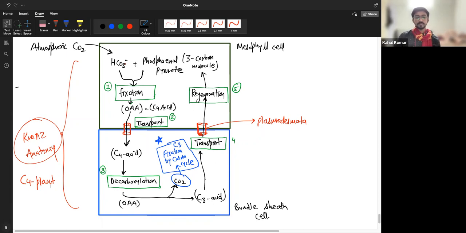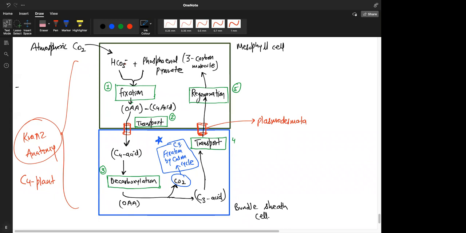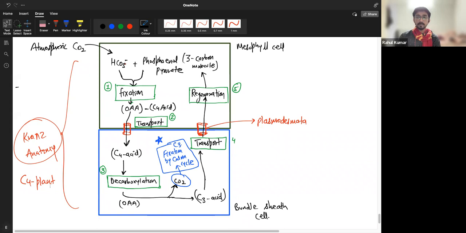People, please, if you'll cooperate with me for the next 5-10 minutes, I won't be able to hold it for very long. So we will end the class after finishing this. So it has to be short. So please answer. Sir, RUBP will combine to oxygen. Yes. Rubisco will make oxygen bind to RUBP.